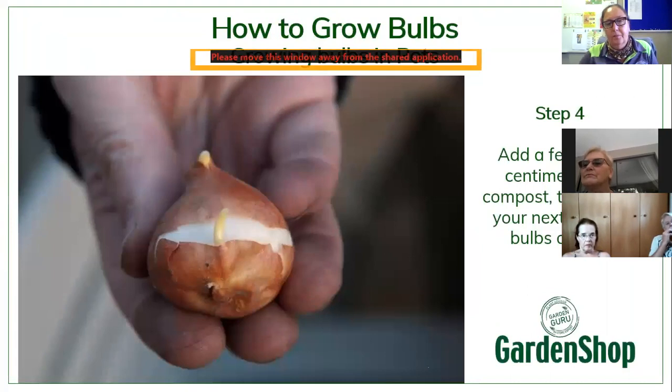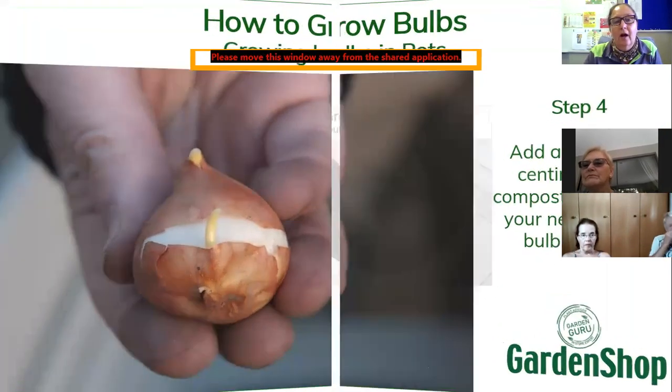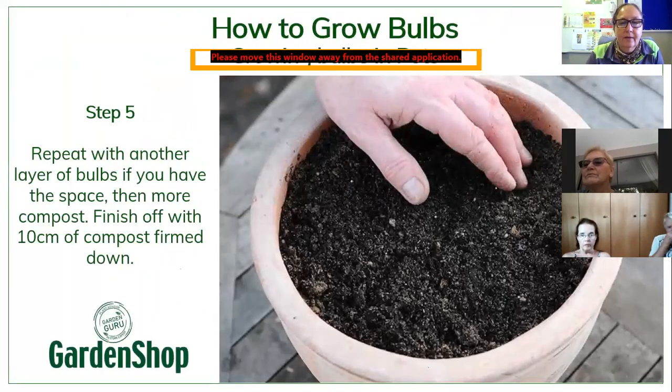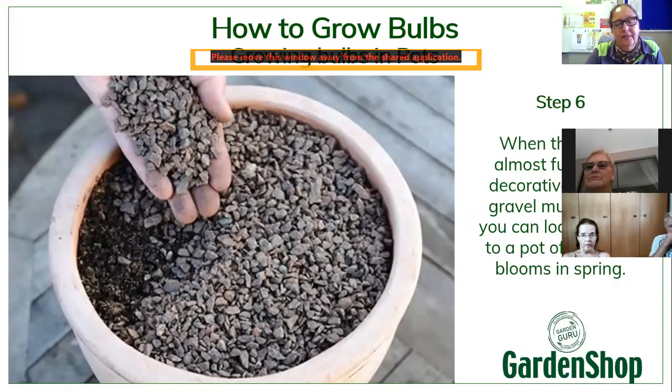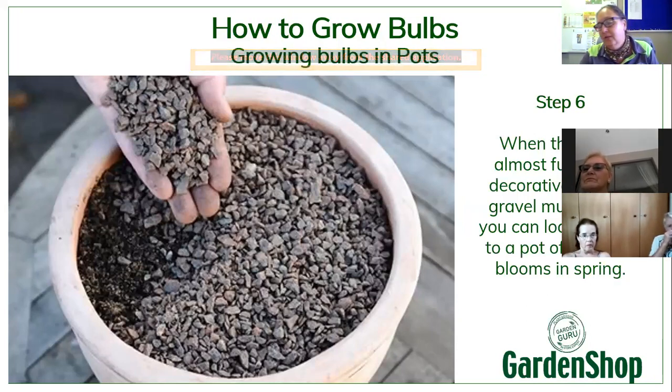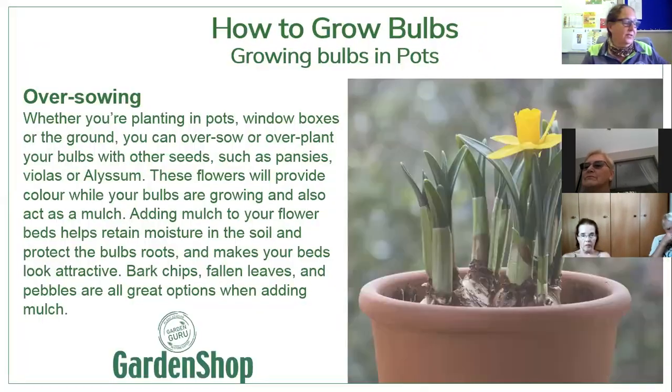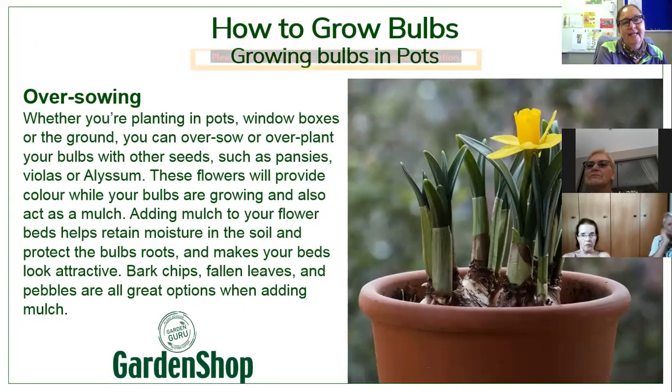And then you can just press down the soil nicely. What I like to do is put a bit of stones over my pot so that keeps the soil intact, because remember, there are no plants yet holding the soil. And before you put on the stones, you could also consider what we call overseeding.